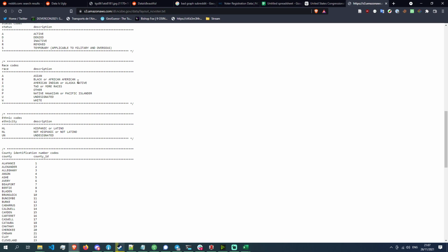Okay, race codes: A is Asian, B is Black or African American, I is American Indian or Alaska Native, M is mixed, or two or more races as they call it, O for other, P for Native Hawaiian or Pacific Islander, U for undesignated, W for white. Then you have ethnic codes, which may or may not be missing. So you have HL for Hispanic or Latino, NL for not Hispanic or not Latino, and UN for undesignated.